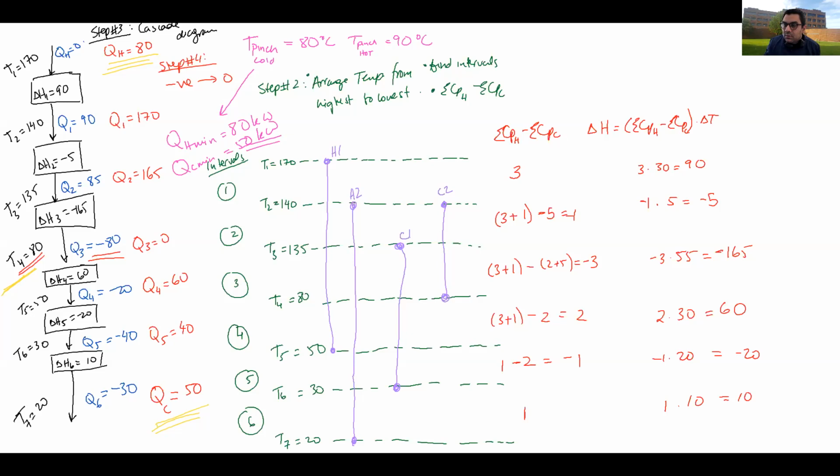So let me clear all my drawings and let's try to remember our given first of all before we start building our network. So I had H1, if you recall, going from 180 to 60 with a CP of 3. Again, T source, T target, CP.